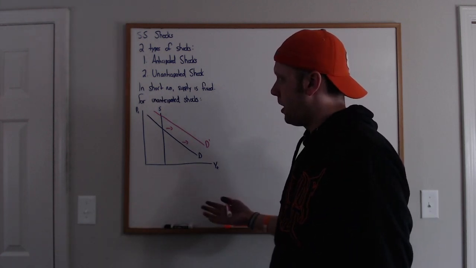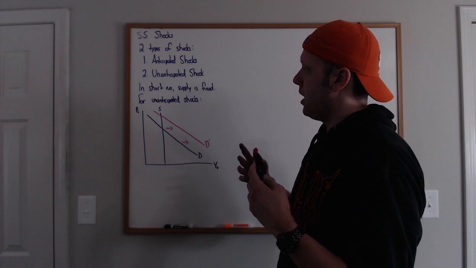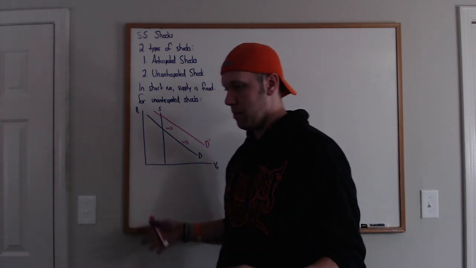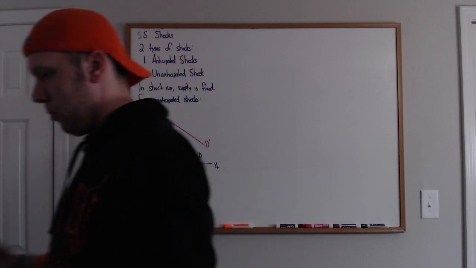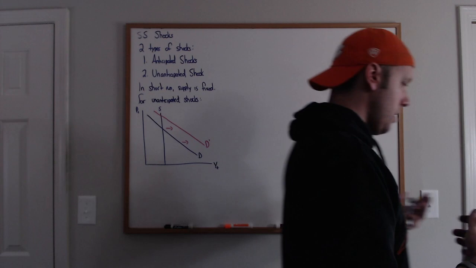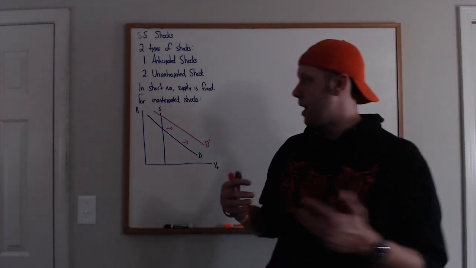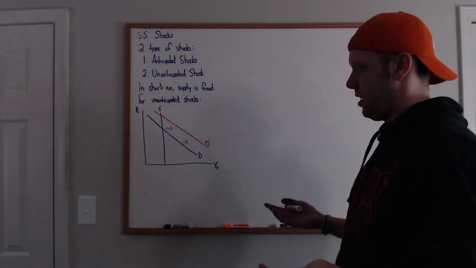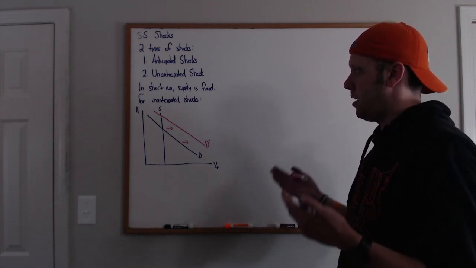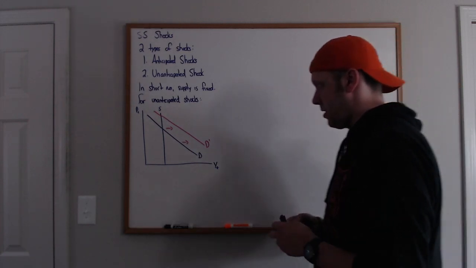But what can happen is, as we get more suppliers that are willing and able to produce, they build more houses because they see that increase in price as a signal. And as that price goes up, they see that signal to make more stuff, then the supply will shift.